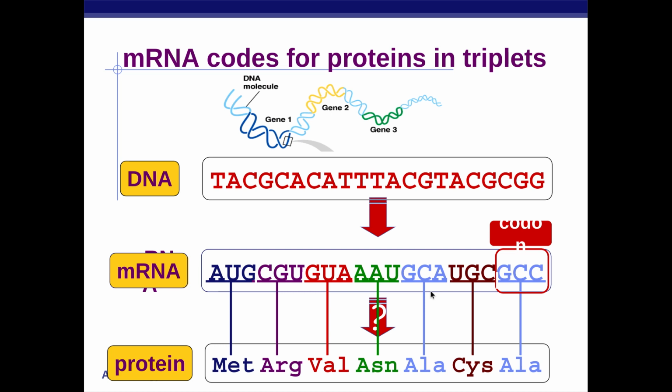So here's the reading strategy. If you have a long stretch of A, U, G and C, the cell reads 3 nucleotides at a time. These 3 nucleotides together are called a codon.